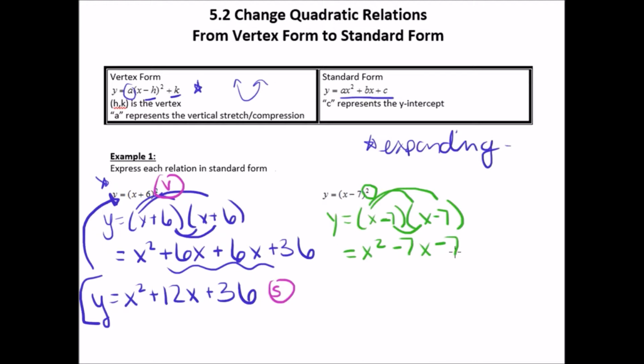Negative 7 times x, and then negative 7 times negative 7. Collect those like terms. How we write it in expanded or standard form is y equals x squared minus 14x plus 49. And that's good.